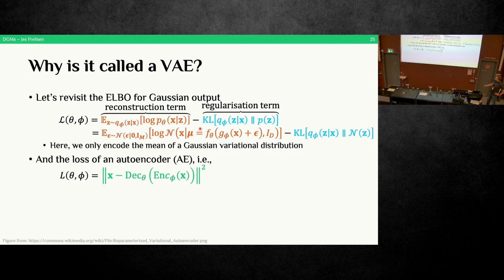So my ELBO looks like this. If we then look at the loss of a classical autoencoder, it is the difference between our data point and what we get if we take our data point, encode it and decode it, and then look at the squared norm between those two data points.